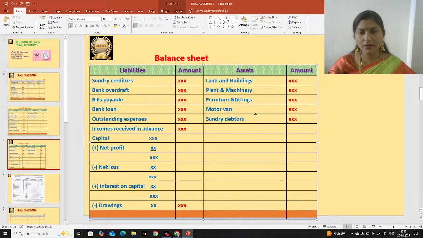And next one, bills receivable. Amount in the amount column. Next, cash in hand. Next, cash at bank.